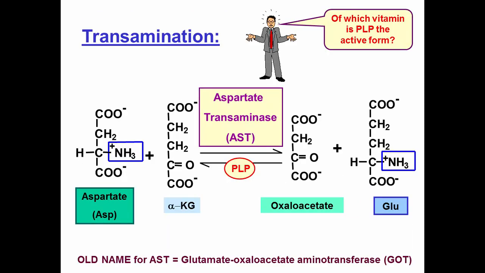Let me show you up here. I thought I had it written out somewhere. Where do I have it written out? Shoot, I don't have it written out. Shall I spell that for you? Anybody know how to spell pyridoxal? Pyridoxal, pyridoxal phosphate. Does anybody know that's the active form of a particular vitamin?